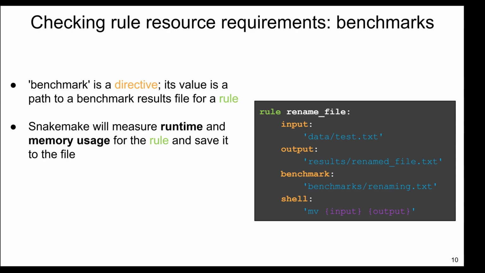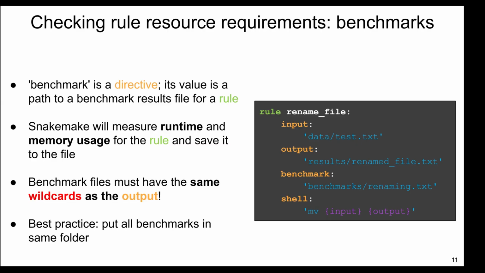So if you have no idea what your requirements are, you can run your workflow once, or a part of it, to get the benchmark, and then check these benchmark files to see how much your workflow needs. Then you can optimize your resource usage. Once again, benchmark files must have the same wildcards as your output, so be aware of this. And same as logs, the best practice is to put all the benchmarks in the same folder.